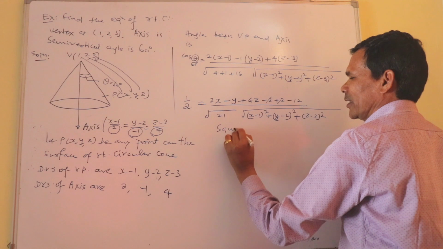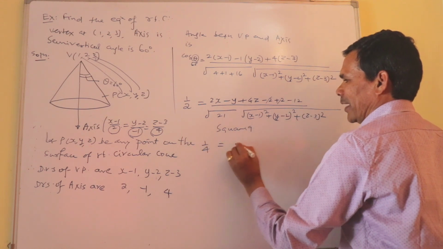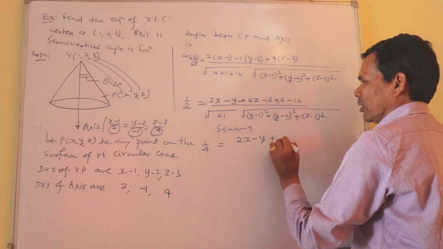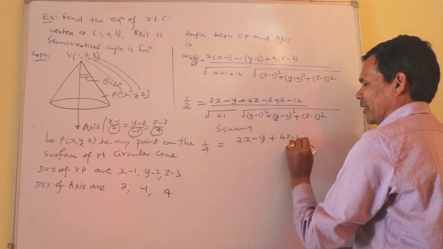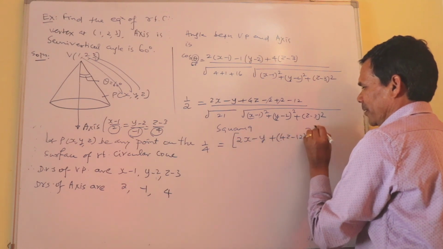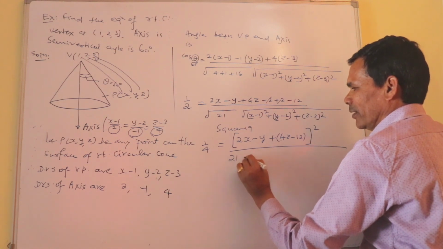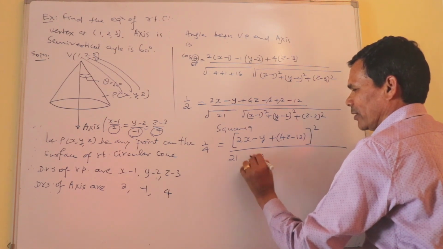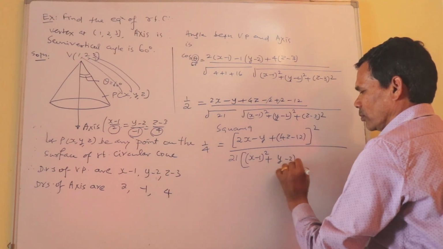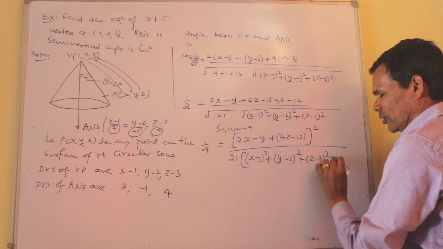Squaring on both sides, it is 1 by 4, and this I can write down as (2x minus y plus 4z minus 12) bracket square divided by 21 times (x minus 1) bracket square plus (y minus 2) bracket square plus (z minus 3) bracket square.